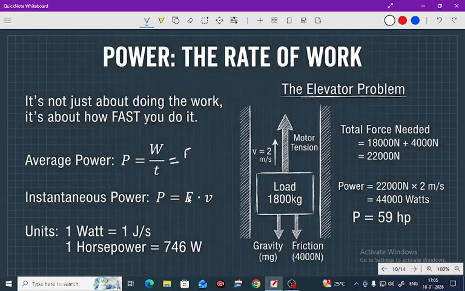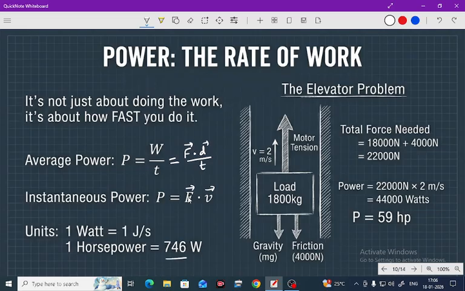Work done is F dot d, so F dot d divided by time, and displacement by time is velocity. So instantaneous power is force dot velocity. And since it is a dot product, power is a scalar quantity. Units: 1 watt equals 1 joule per second, 1 horsepower equals 746 watt.